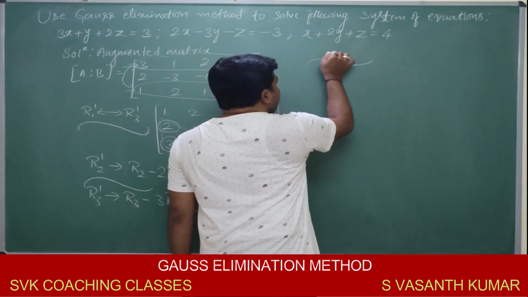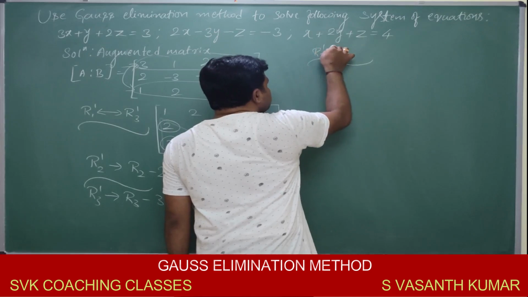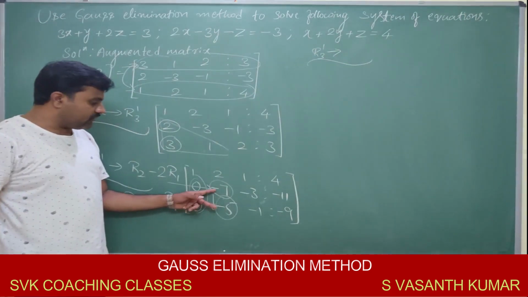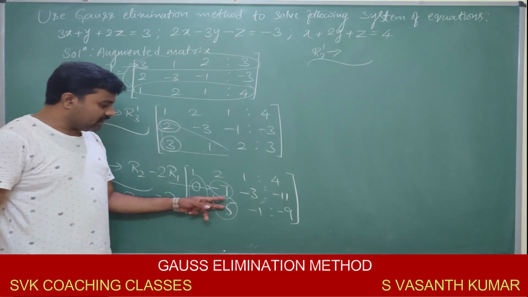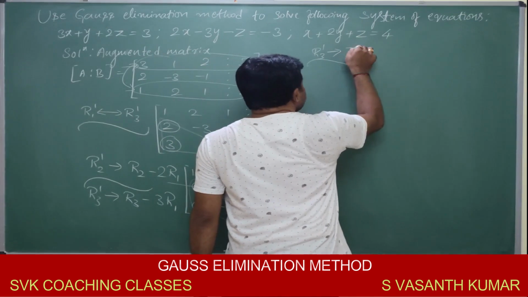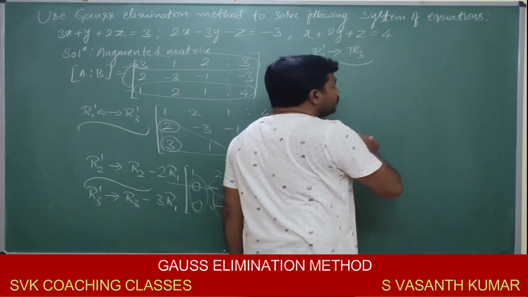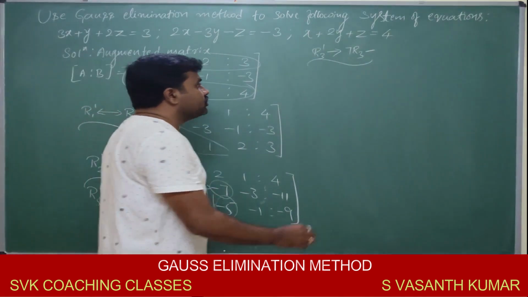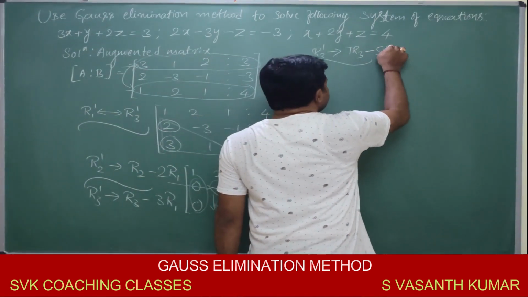So R3 dash changes to, as we have different values here, 7 and 5, multiply R3 by 7 and we have same sign, so subtract these two values: minus 5 times R2.